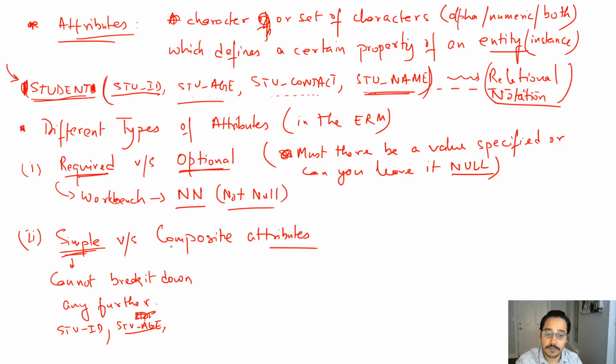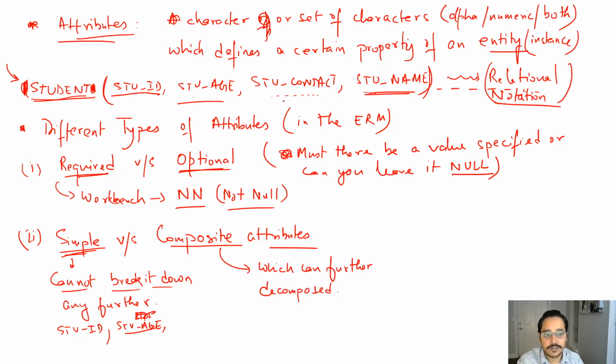Student name, however, in this way of implementation, the question for you is, is it a simple attribute or is it a composite attribute? So if you have guessed that a simple attribute stands for an attribute which cannot be broken down further to make any meaningful sense, a composite attribute is basically an attribute which can be further decomposed.